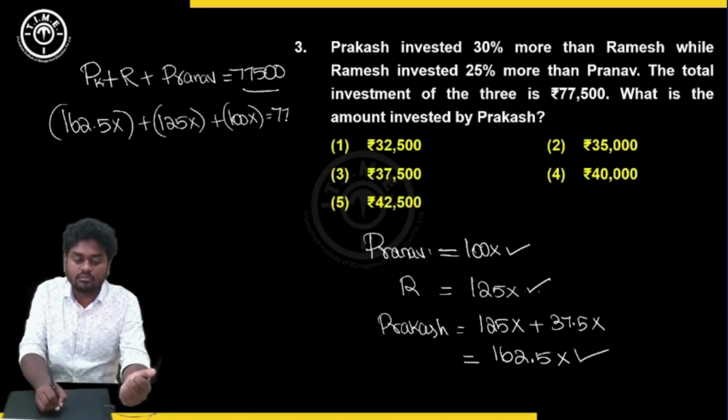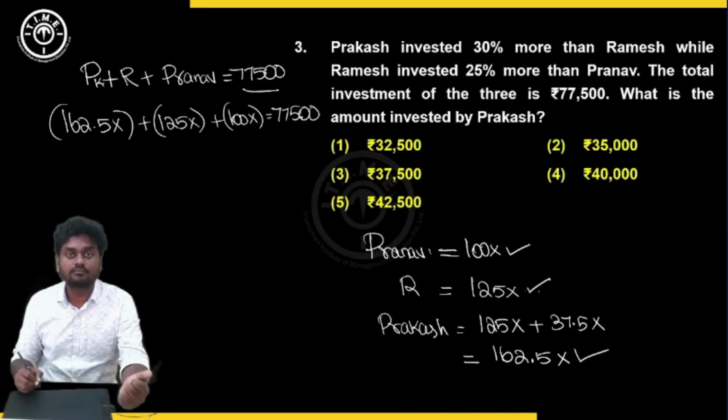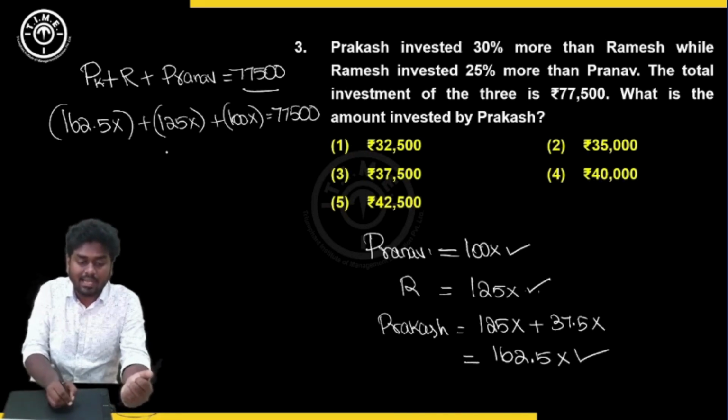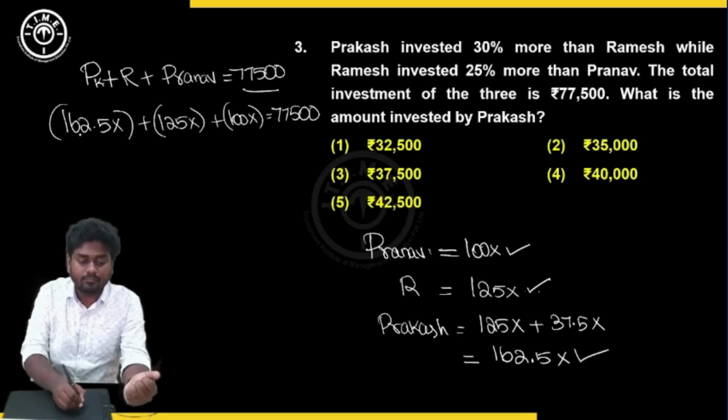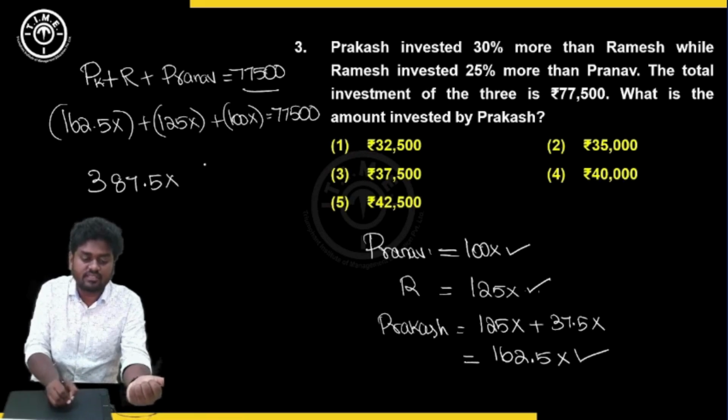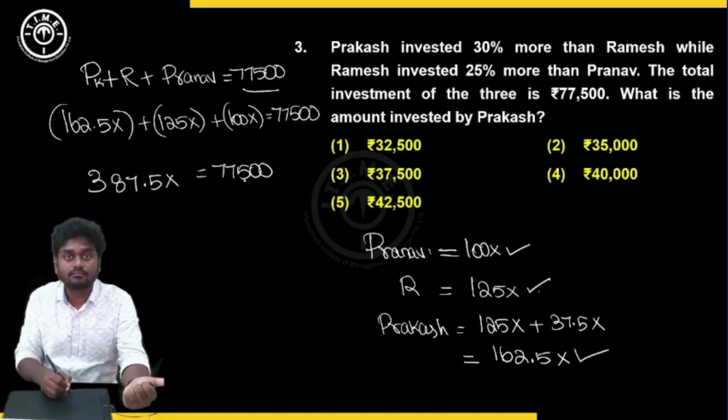This will be equal to 77,500. Now let's add all three and see what we get. We get 387.5x, which is equal to 77,500, correct?